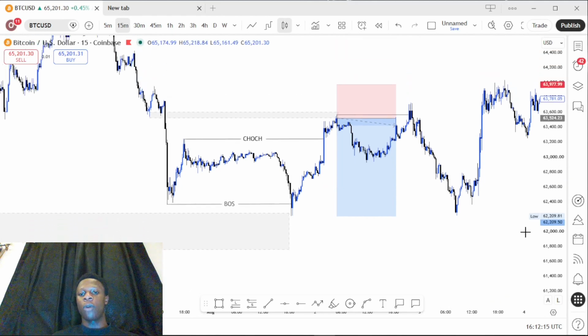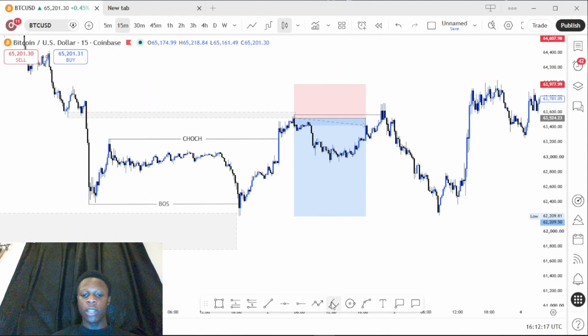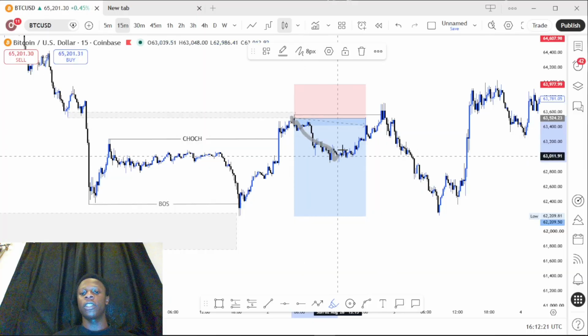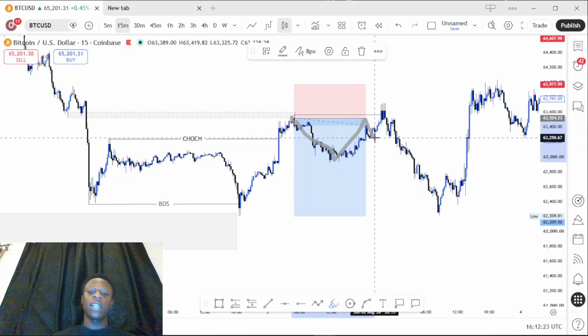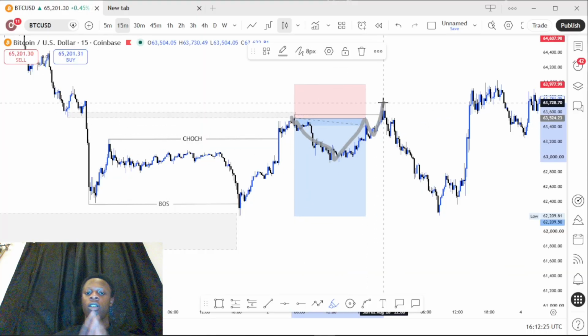You can see how the trade played out. After giving them some profit right here, you activate, give them some profit, and take them out.